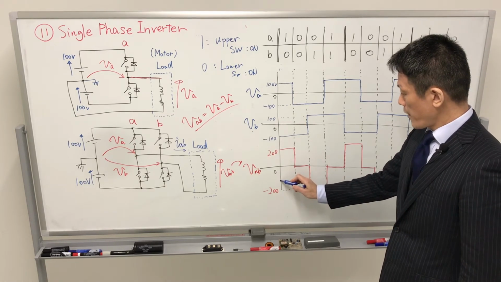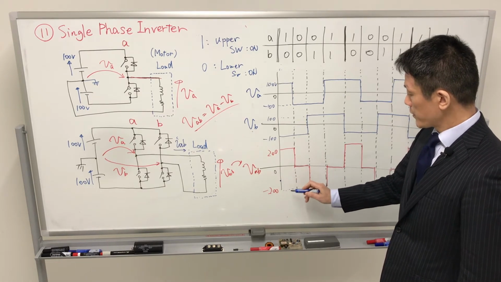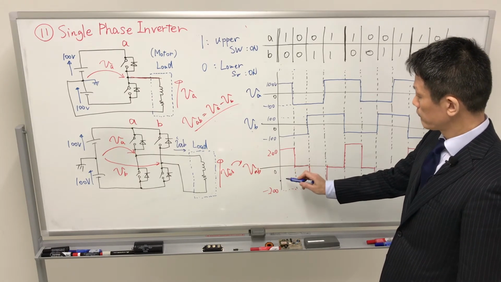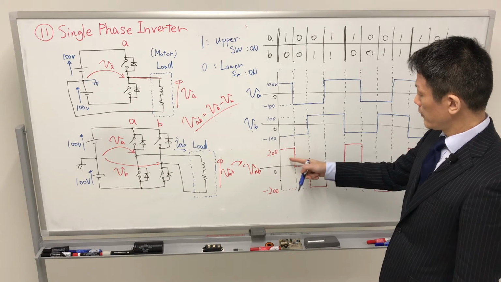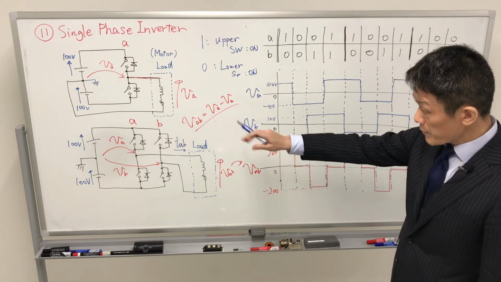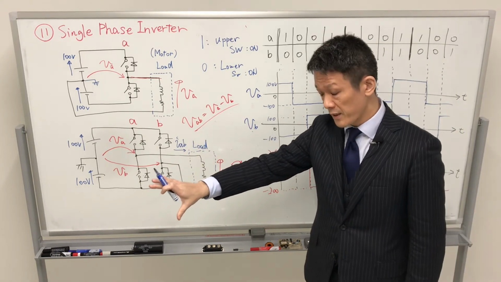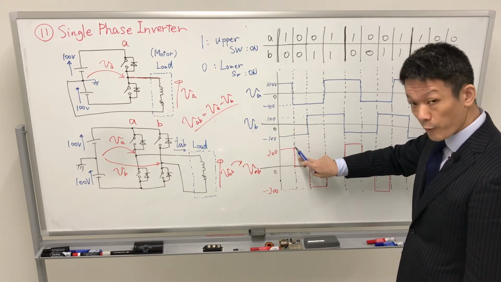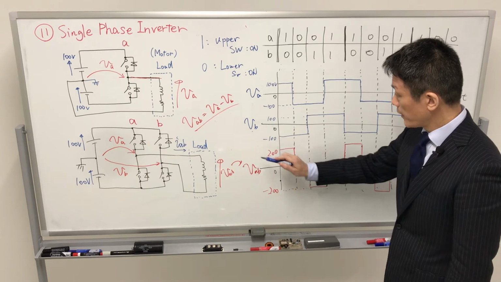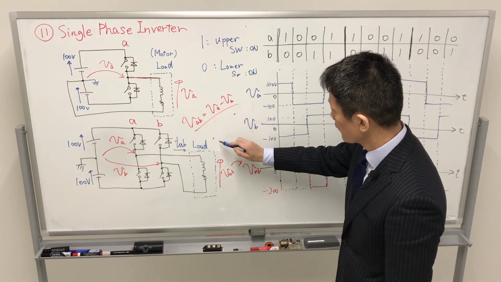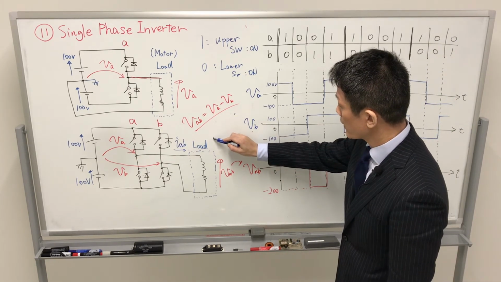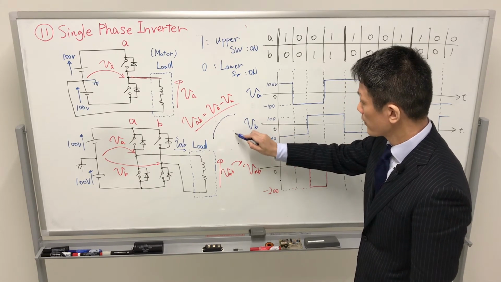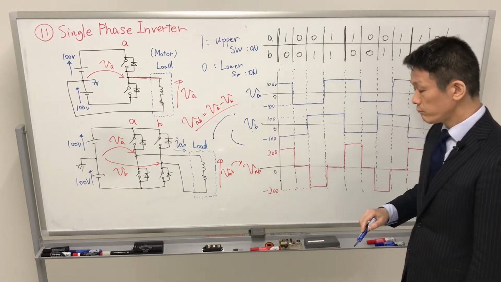Current IAB's starting point, if the starting point is here, plus means the transient phenomena. Using the transient phenomena, the value increases, and the waveform goes down here, okay? Remember?